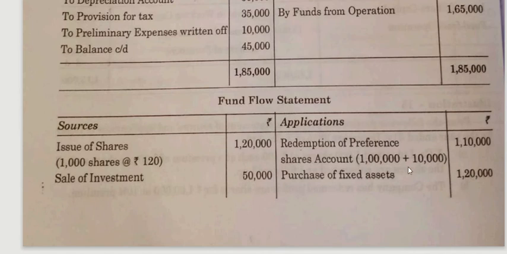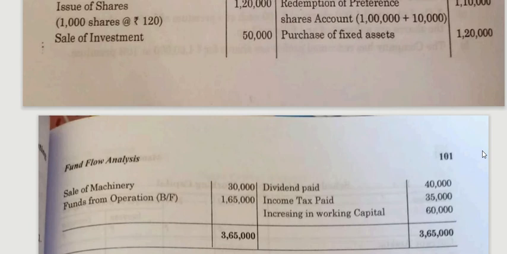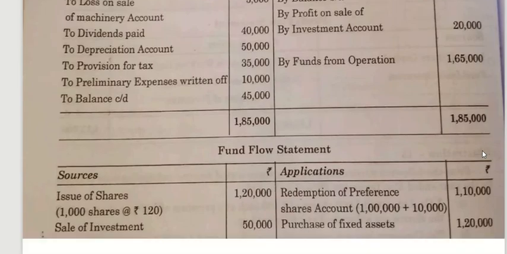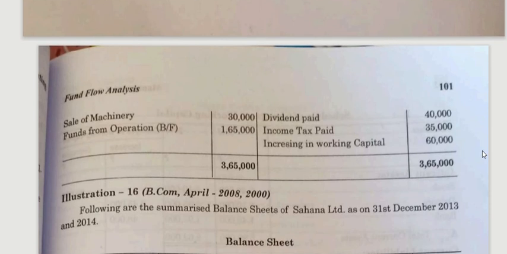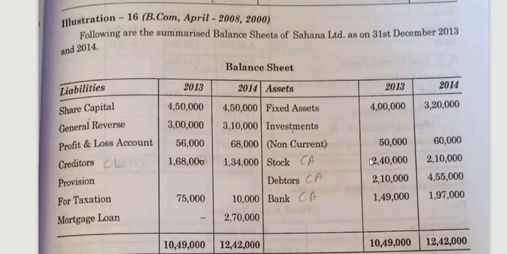Redemption of preference shares is 1 lakh plus 10,000, 1 lakh 10,000. Purchase of fixed asset is 1 lakh 20,000. Dividend paid is 40,000 and income tax paid is 30,000. Increase in working capital 60,000. So your fund flow statement gets tallied, because it's a very easy sum, everything is directly given in your question.